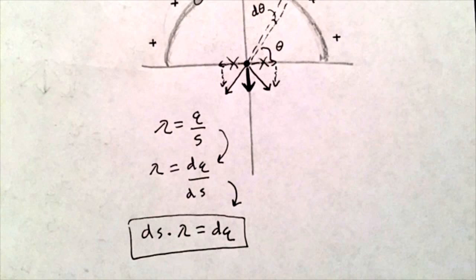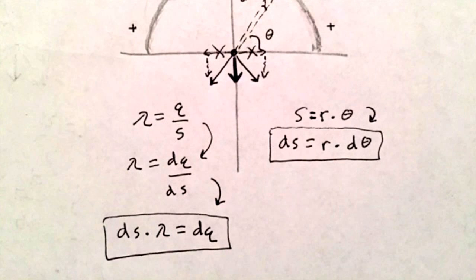With simple algebra, by multiplying both sides by arc length, we see that ds times lambda equals dq. From past math classes, we also know that arc length equals radius times theta. So the small length ds is equal to the radius times that small theta, which was defined earlier.